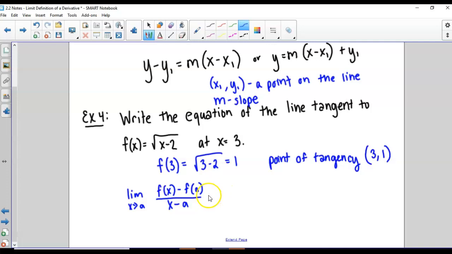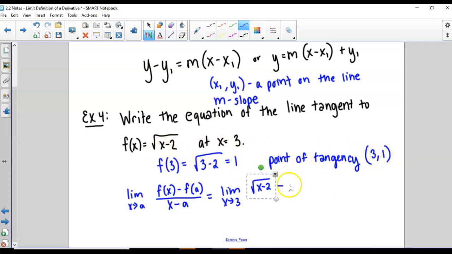So here, my limit as x approaches 3 of the square root of x minus 2 minus, we have to plug in 3 here, which we actually already did, right?